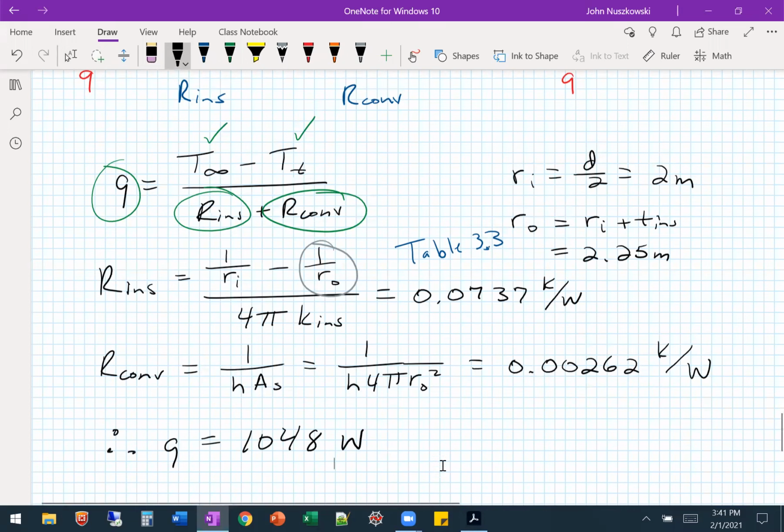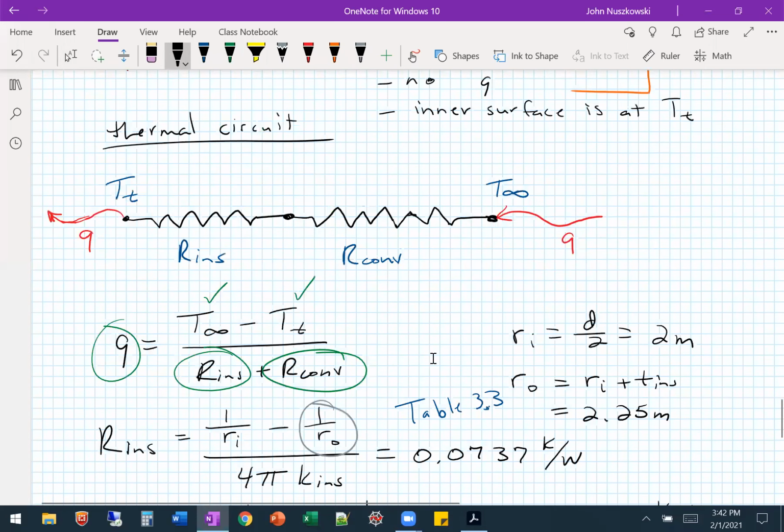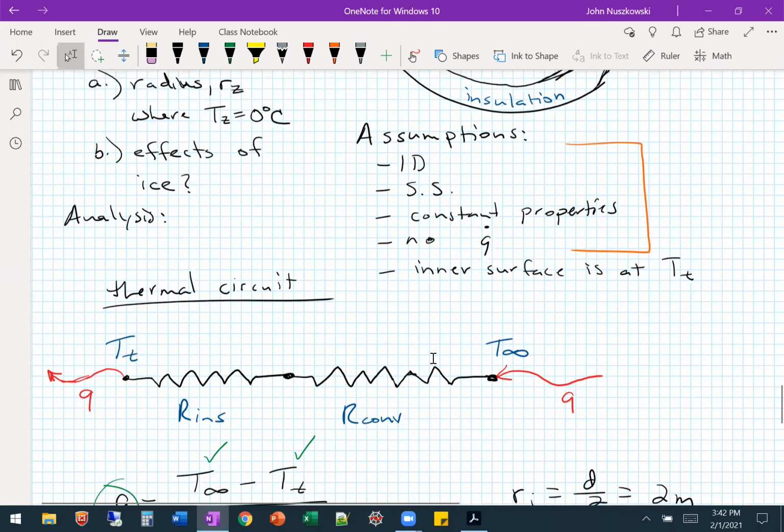Which is great. We have Q, but part A is asking us for the radius, RZ, in the insulation where the temperature is 0 degrees Celsius.